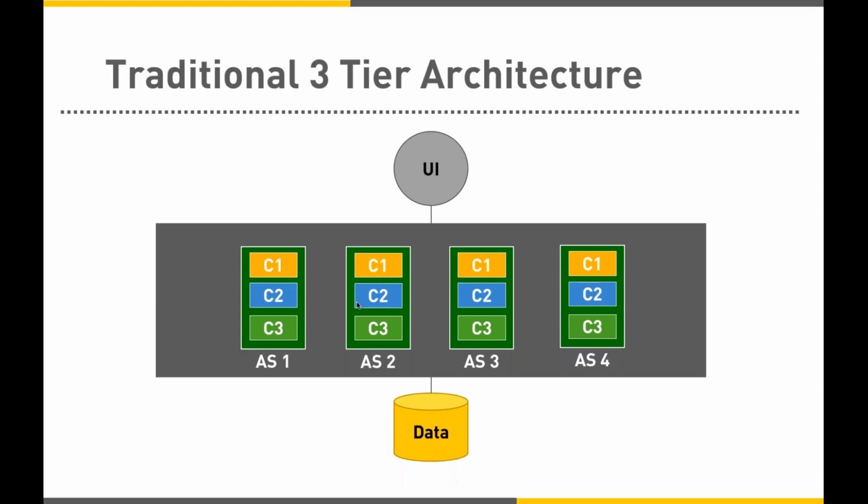So here what you see as C1, C2, and C3 are essentially a set of components that are designed to handle one piece of functionality. Think of them as Enterprise Java Beans or .NET DLLs or COM libraries, anything. Now, when you're running an application in this mode, let's say there is a bottleneck.